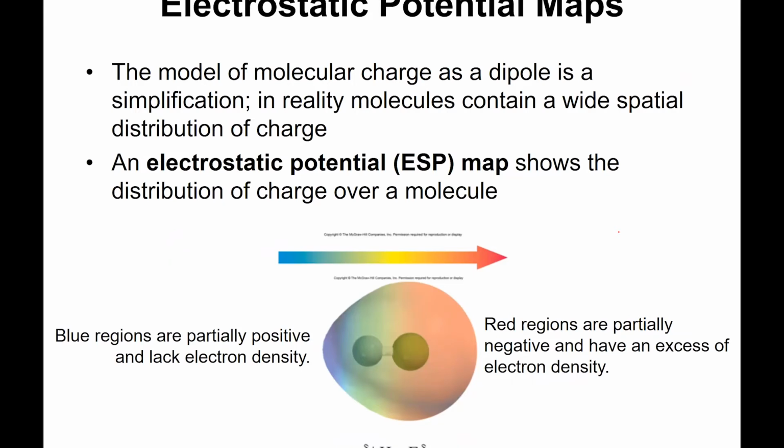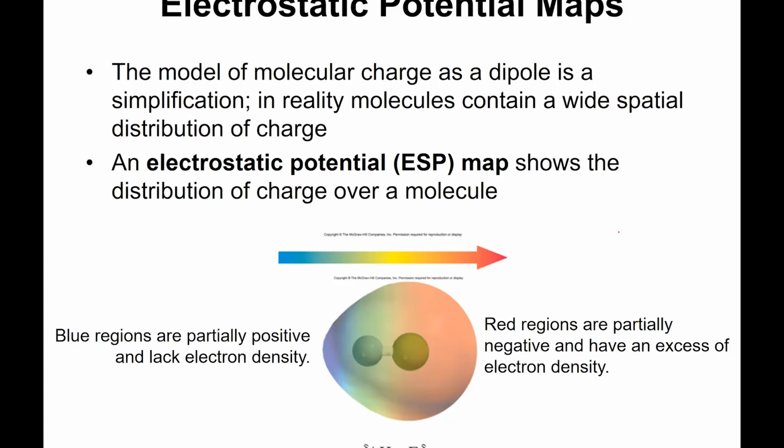Now, this dipole moment view is kind of a simplification of the reality of a molecule. Molecules have a wide spatial distribution of charge. It's not just one positive end and one negative end. It's not really poles. Instead, something like this electrostatic potential map, this ESP map, is going to better show the distribution of the charge over the molecule.